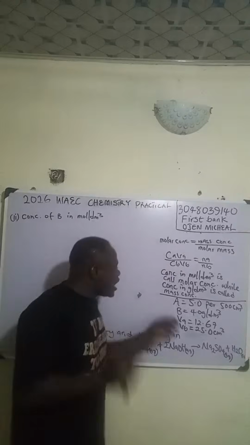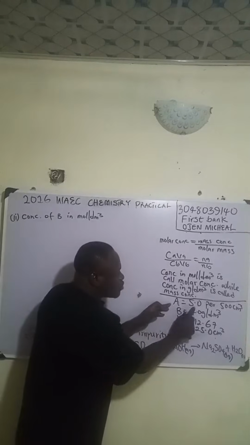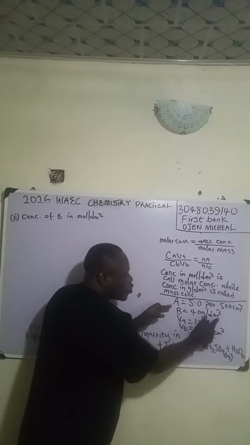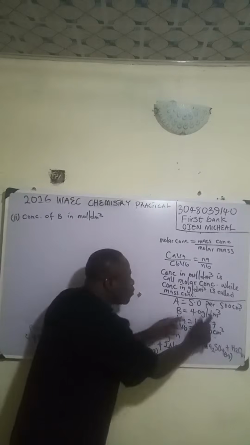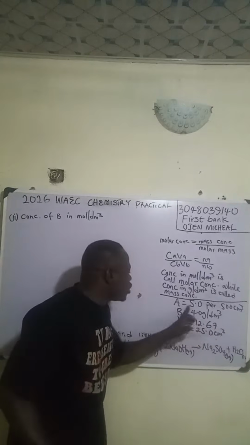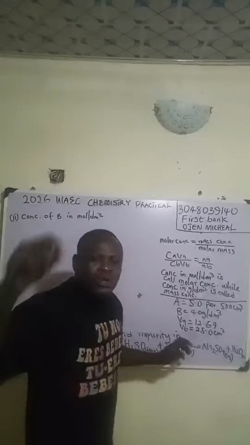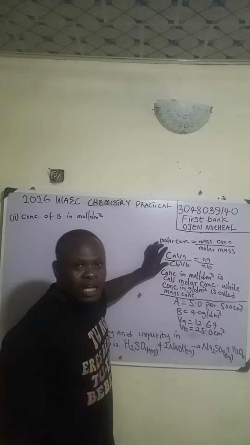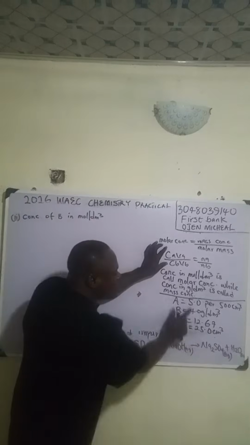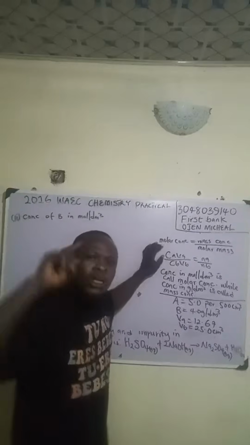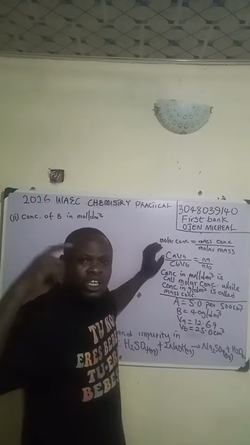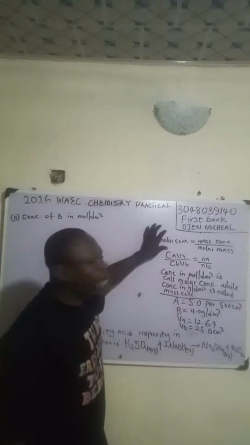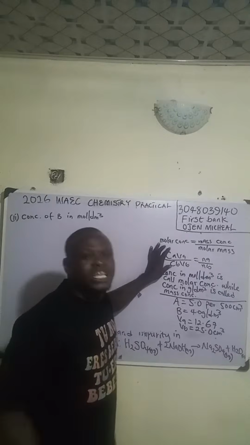I repeat, look at the question: there is no moles per dm³ in either A or B. When you are asked to calculate concentration in moles per dm³, you go direct and use the second formula if one of the concentrations is given in moles per dm³ in the question. But if none of them is given in moles per dm³, like in this one, you use the first formula for the first one and the second formula for the second one.